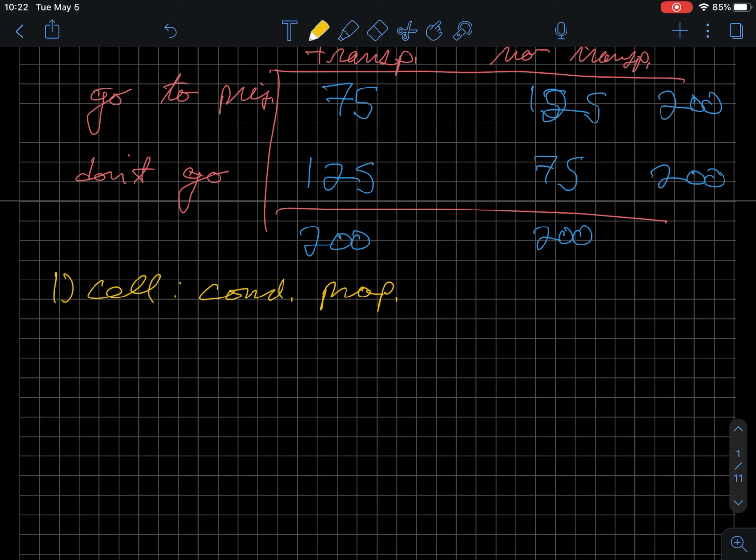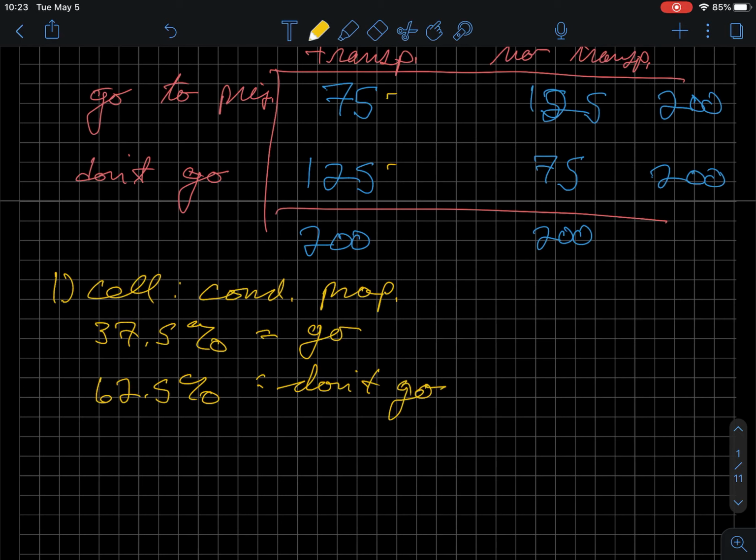This tells us in this first one that 37.5% go back to prison if they have access to transportation. But we can also find in this cell that there are 125 out of 200 people, 62.5% of the sample, who don't go.